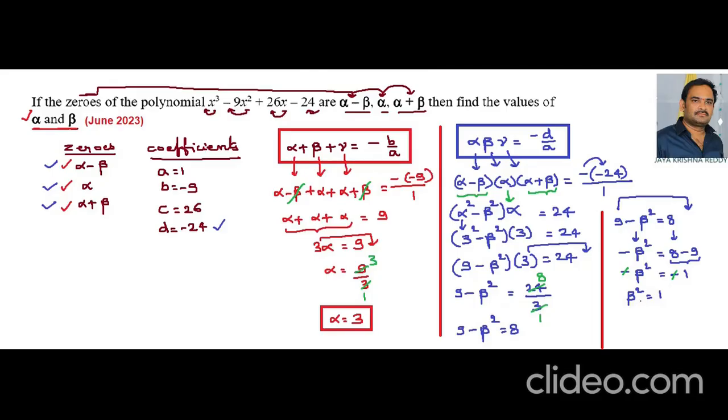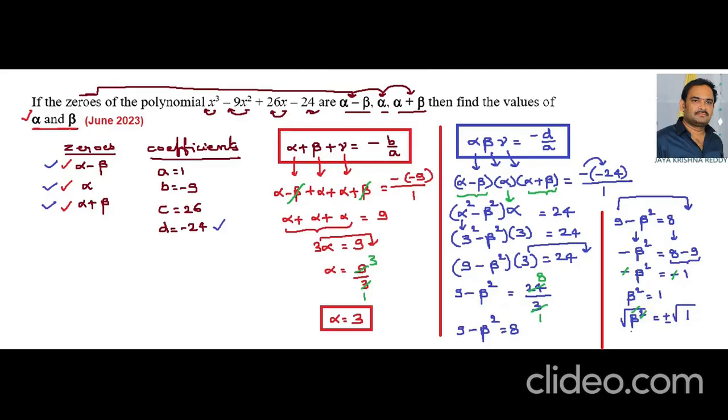Okay, so here we need to find only the value of beta. So apply square root on both sides. Beta square equals, on the right hand side, root 1. So keep plus or minus. We can cancel the root and square on the left side.